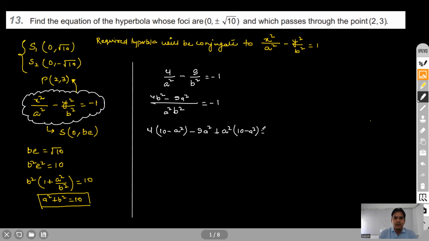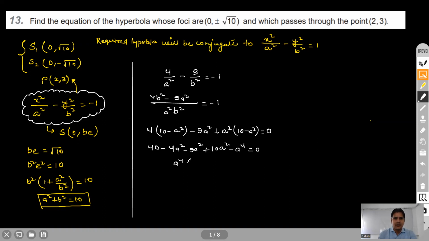This will be equal to 0. So finally we get 40 minus 4a square minus 9a square plus 10a square minus a to the power 4 equal to 0. So this will become a to the power 4, then minus 13a square plus 40 minus 3a square.